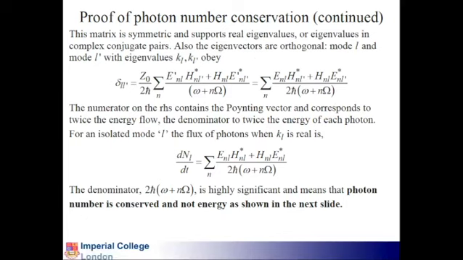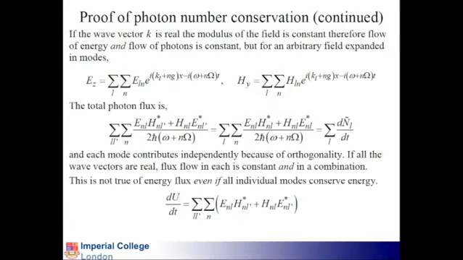And what you can show is that if you make an expansion of the fields, so here are the modes. I have two fields here, and I'm expanding the fields as a sum of the modes.